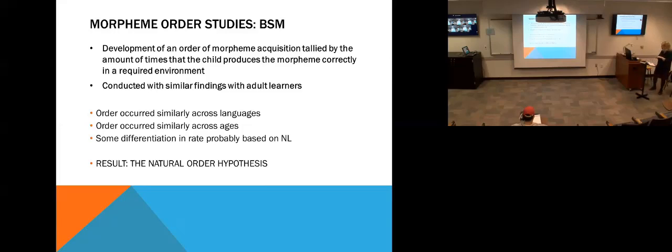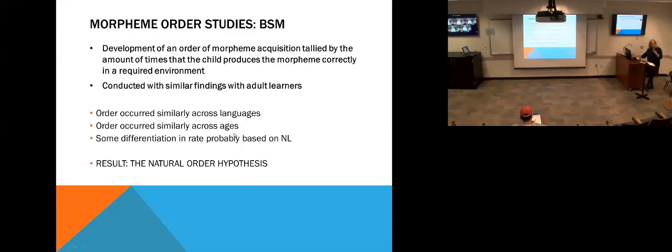So once they'd done that, they then decided, you know what? Let's do this with adults. So they had a similar kind of experiment, and they did the same kinds of BSM measures with adult second language learners. And what did they find? They found that it again occurred similarly across languages. It also occurred similarly across ages.